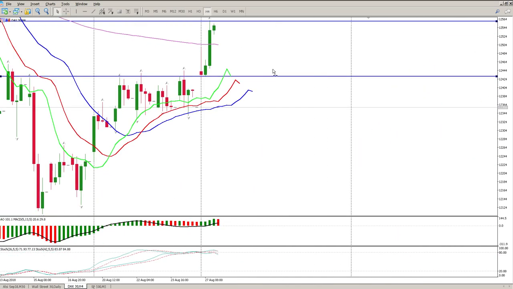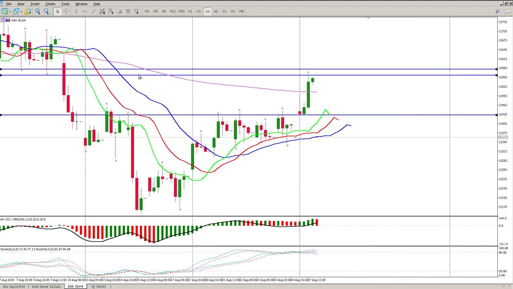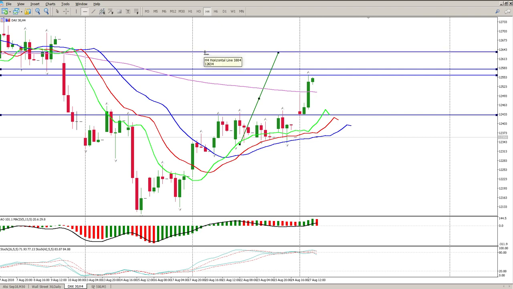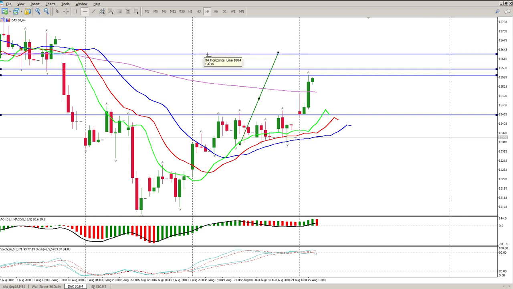Now, if I have to get a measured move on this, we moved from here into a range, and the bottom of the range is there. That means we are looking for this tail here, and then obviously we have a daily gap up there as well.